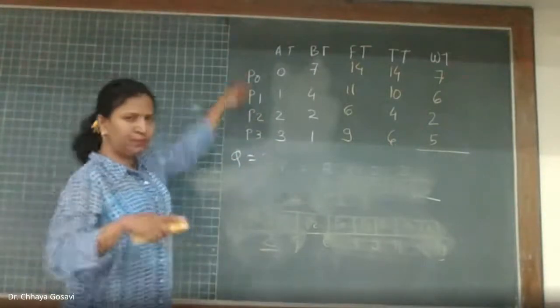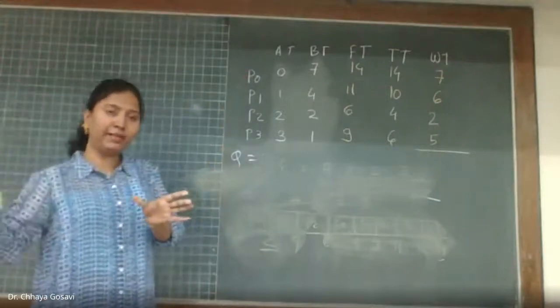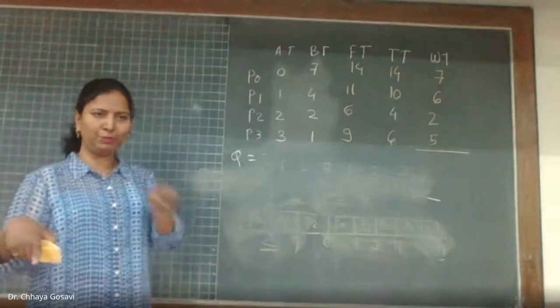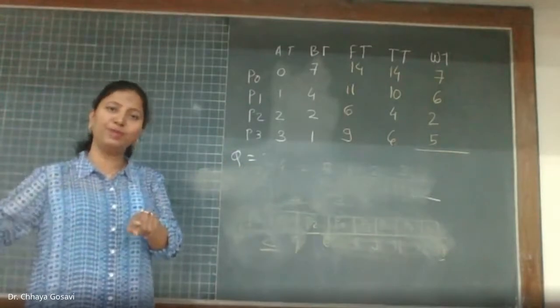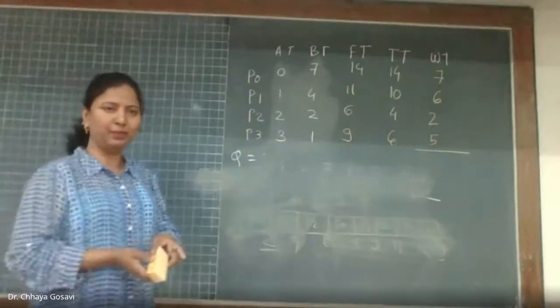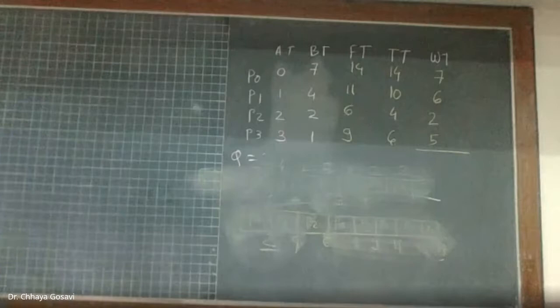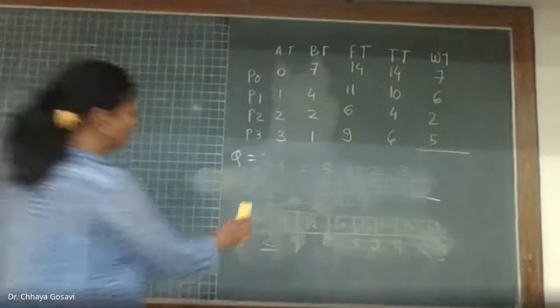So P0 is preempted and added at the end of the ready queue after P3. They will follow the same sequence, P0, P1, P2, P3, then P0, P1, P2, P3. That doesn't make any difference. You will get the same result as without arrival time.